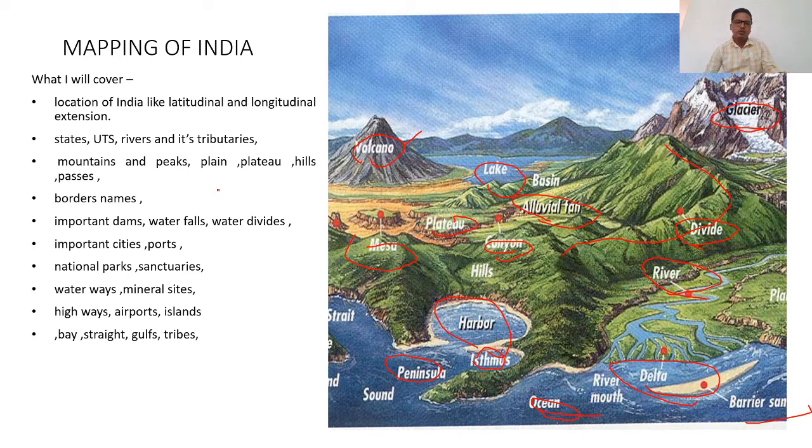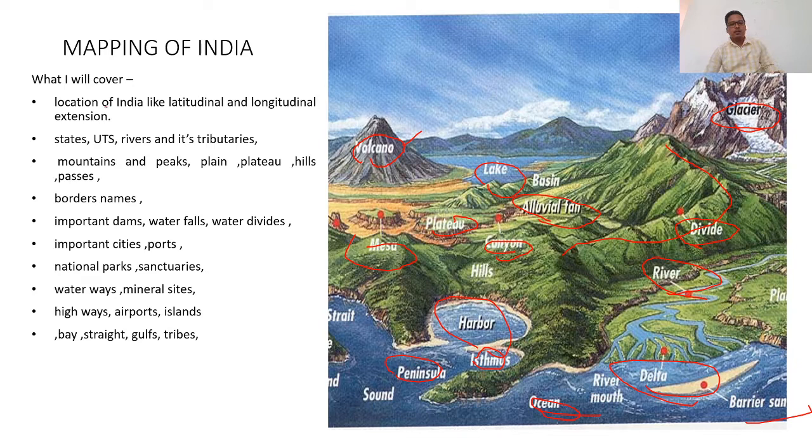So that mapping could be an overview of the geography of any region. If we do India mapping, that means you will have a clear image of what things are found over India or within our political boundary.